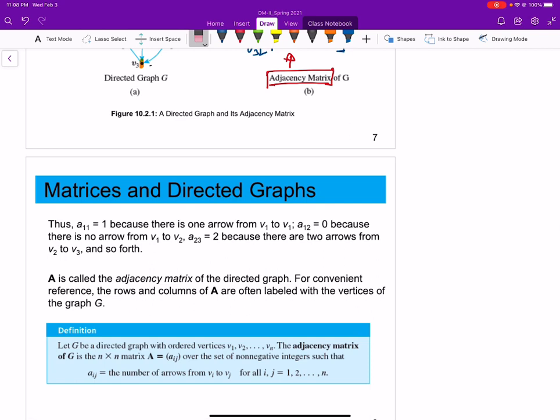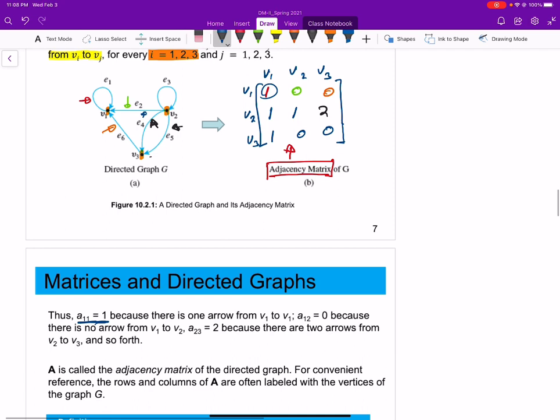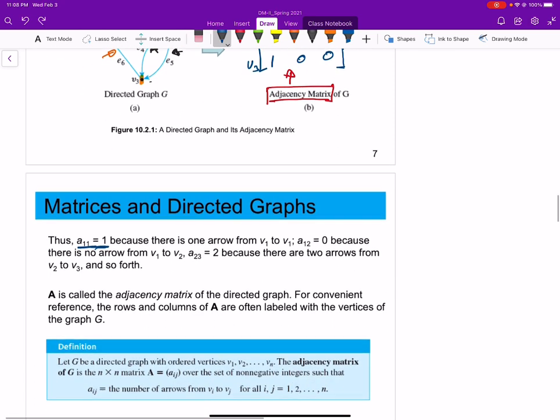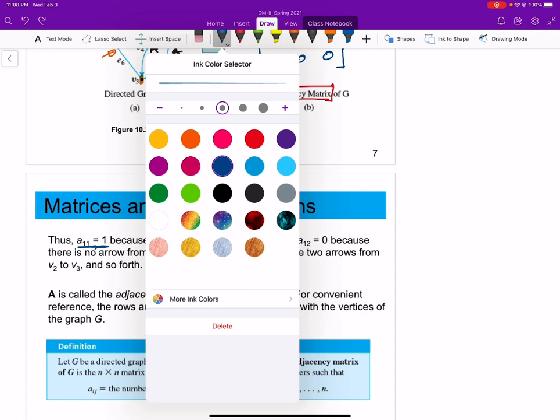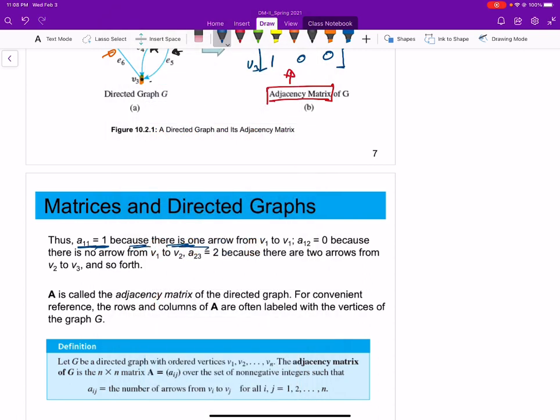Thus, A11 equals 1. That's this, because there is one arrow from V1 to V1, which is the loop.